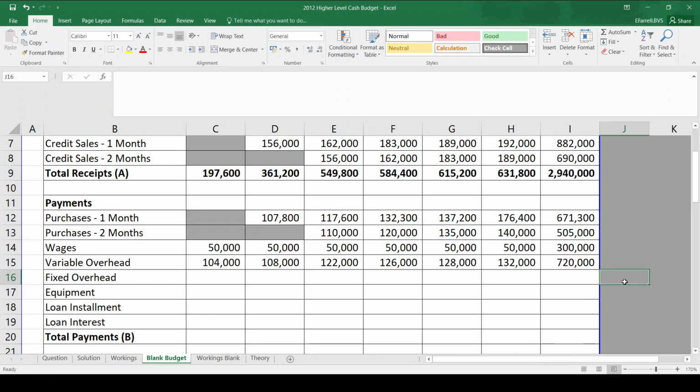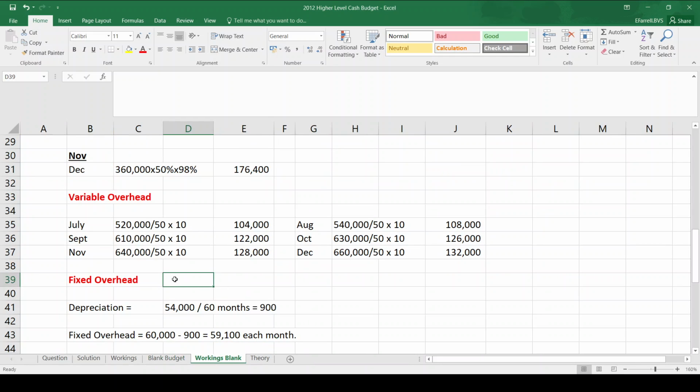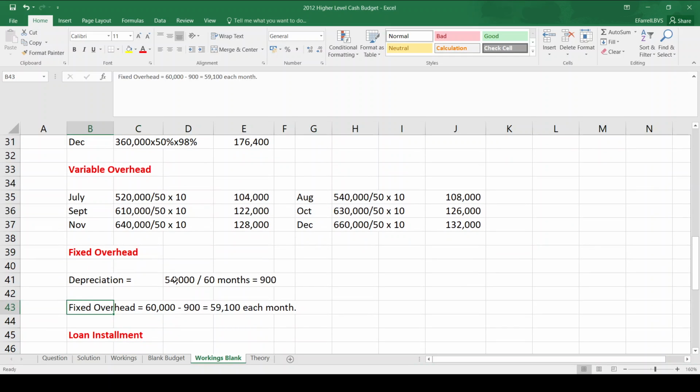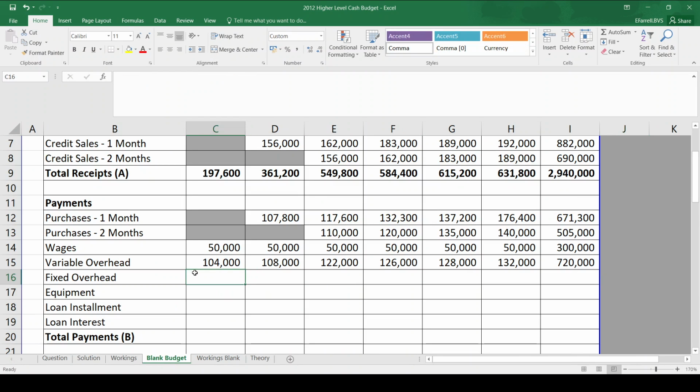So depreciation is 54,000 divided by 60, which is €900 per month. So the fixed overheads, instead of being 60,000, would be 60,000 less 900, which is 59,100. And again, they are fixed, so they're going to be the same each month.